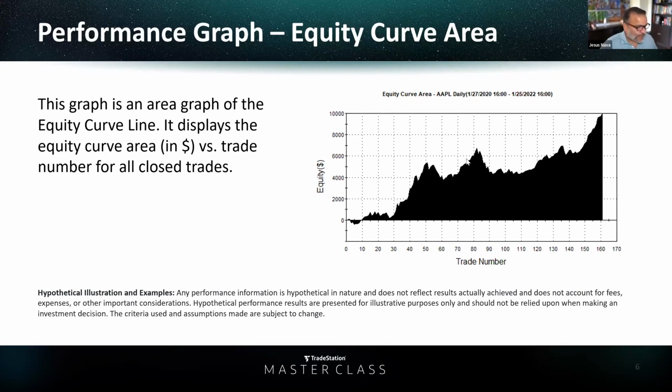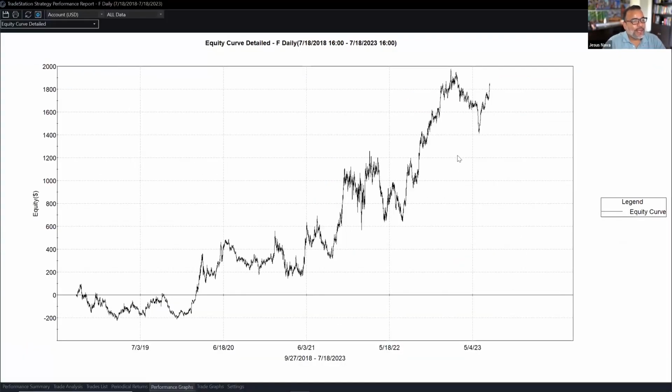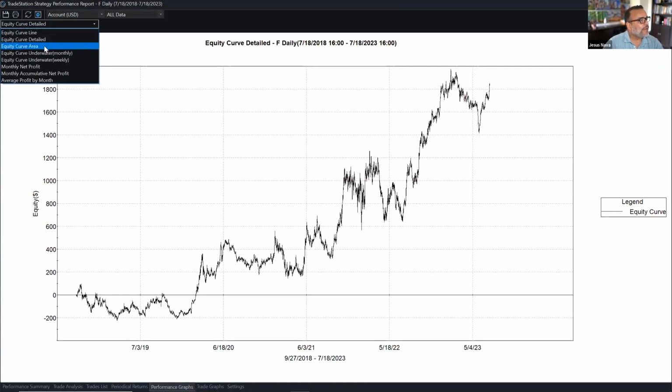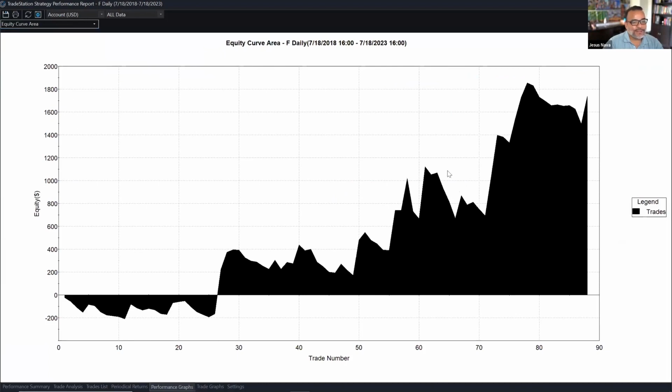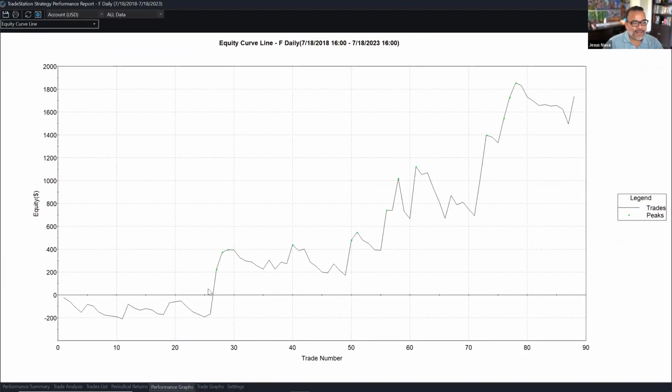So if I go back here to my desktop and look at my detail, my equity curve area is going to be exactly the same as my equity curve line. Let me just choose it here. And you can see that it's exactly the same line. It's just filling in this area with black.